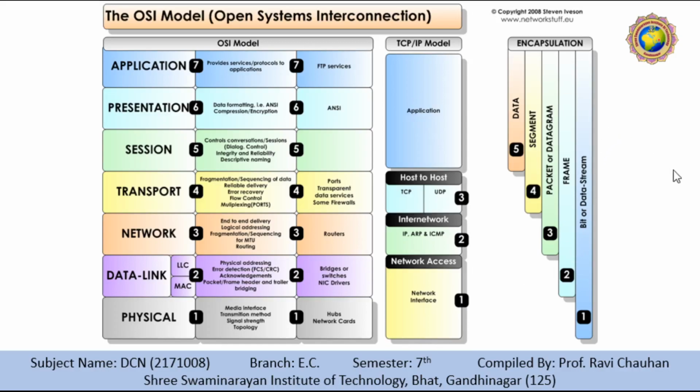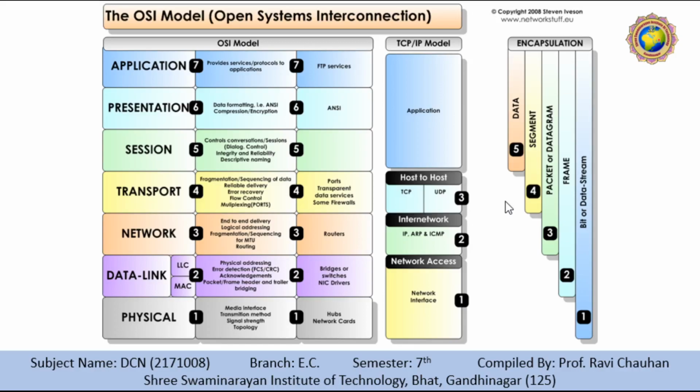It shows the encapsulation of our data. So you can say that at the first layer of encapsulation, it is bits or data stream. Second is frame, third is packet, fourth is segment, and fifth is data. As we have already seen in our OSI reference model, there is no need to explain this figure again.